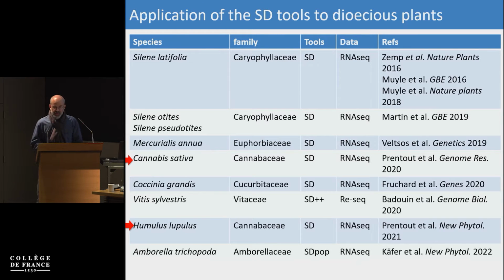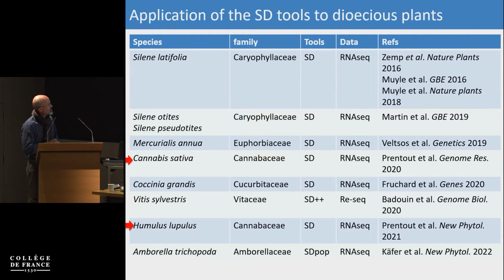So we have been applying those methods in different dioecious plants. We tried Silene latifolia first, our favorite dioecious plant. So this was Aline's work in collaboration with Alex Widmer and Roman Hobza. We also tried it on other dioecious Silene with Pascal Touzet. We tried it on Mercurialis annua in collaboration with John Pannell.